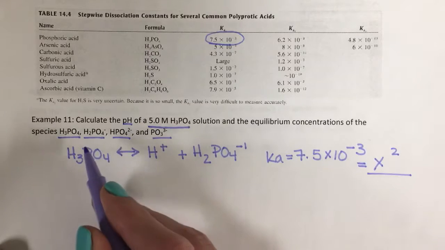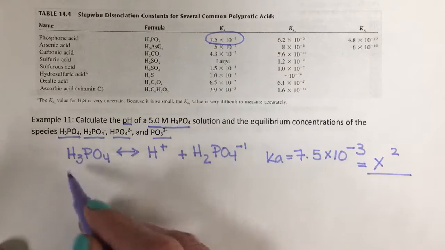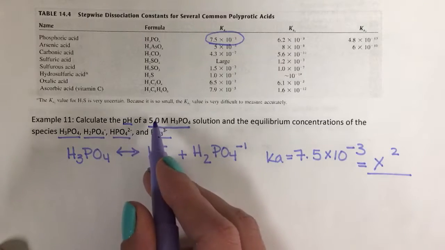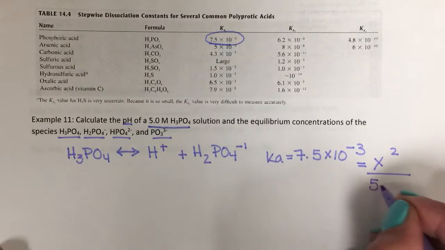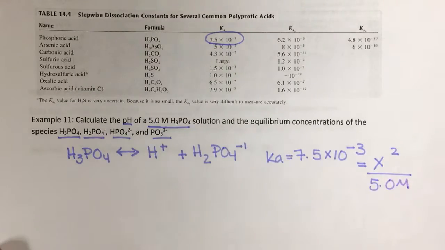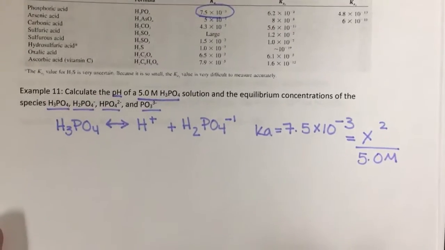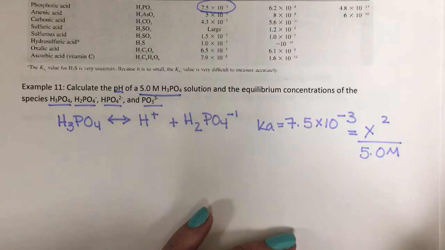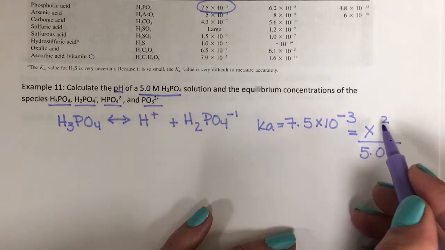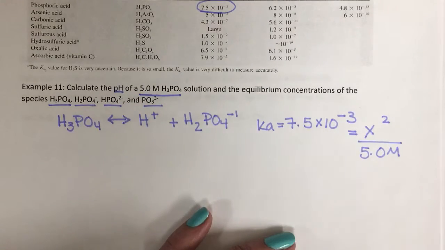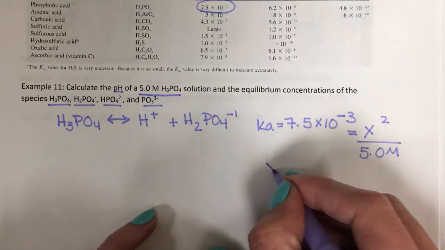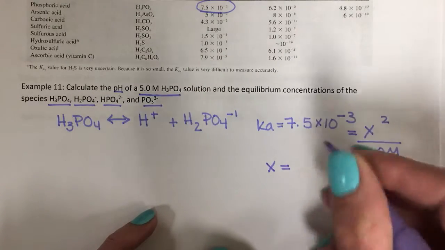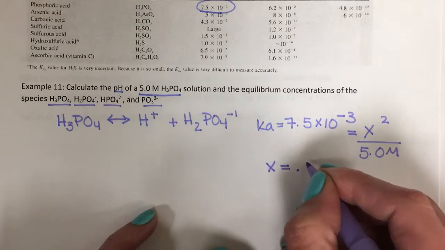Now remember, at equilibrium, we say that this is going to change so little that we can ignore the change. I had 5.0 molar of that. So I'm going to solve for x. I'm going to multiply both sides by 5, and then take the square root. So when I do that, I get that x is going to be equal to 0.194.